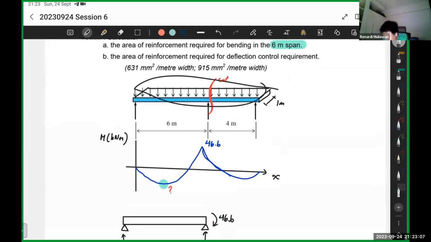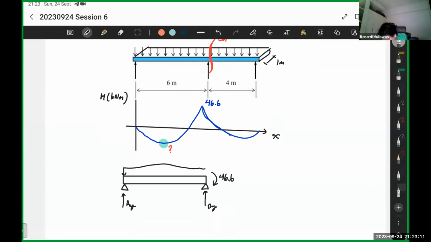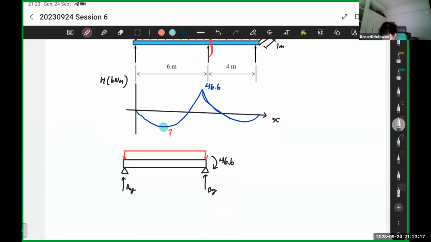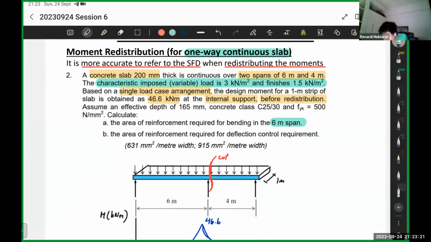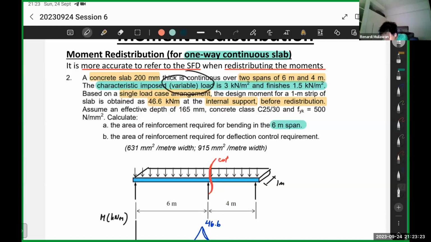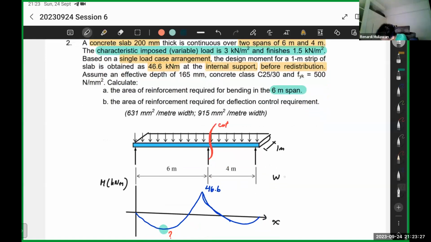Next, you have the distributed loading. You have a distributed loading here. Let me make the colors different. So what's the distributed loading? We need to refer to the loadings, where they give the variable loading and the finishes. W is 1.35 Gk plus 1.5 Qk.